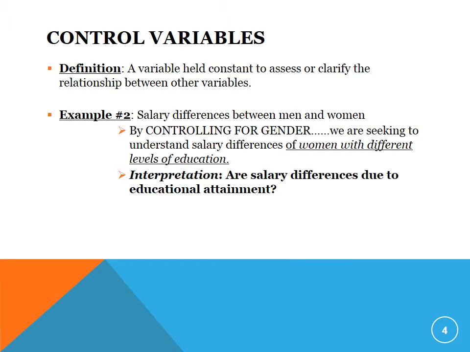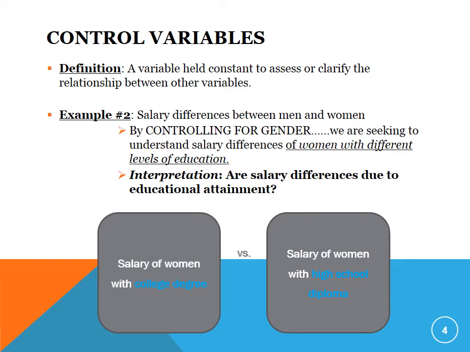So our salary differences due to educational attainment. So we look at the salary of women with a college degree, and we look at salary of women with a high school diploma. We may decide, you know what, we want to look at men. So we look at the salary differences of men with a college degree, the salary of men with a PhD, right? So hopefully this is allowing you to see kind of the different ways of controlling variables.